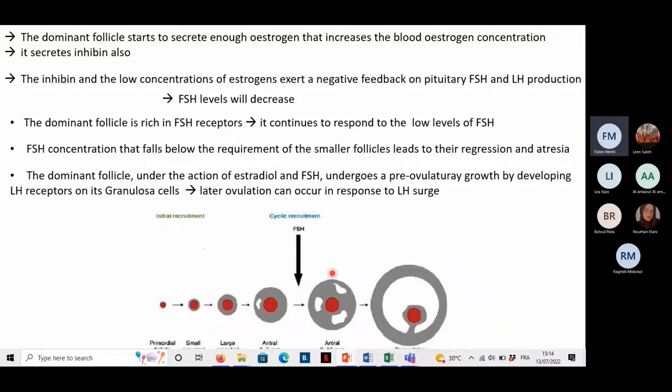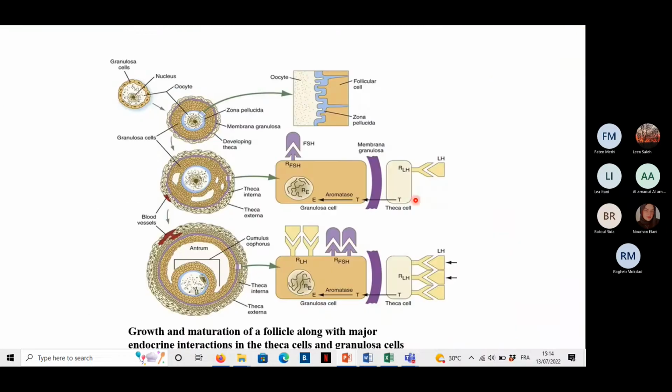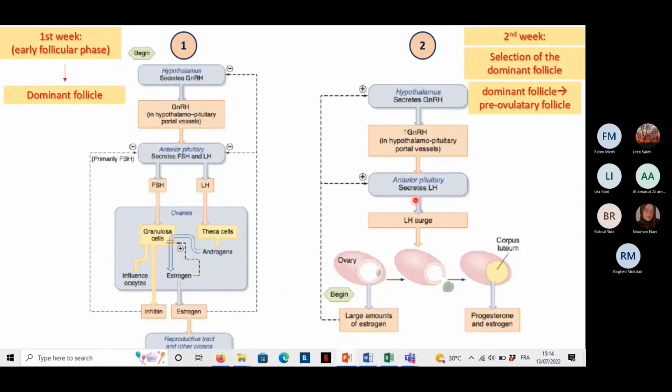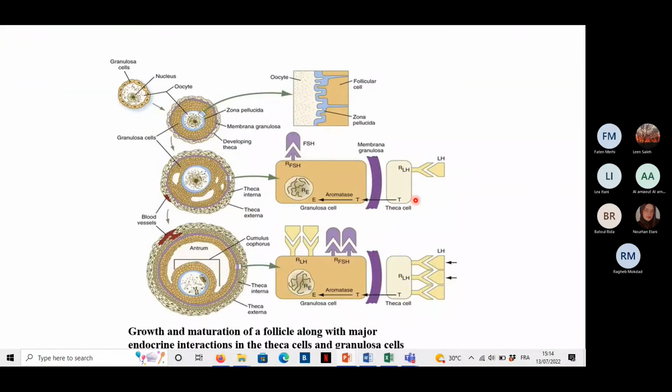Okay. So during the development of this dominant follicle, we will have LH receptors that will be expressed on the granulosa cells. And this will lead to the ovulation later under the action of the LH surge. Okay, is it clear?